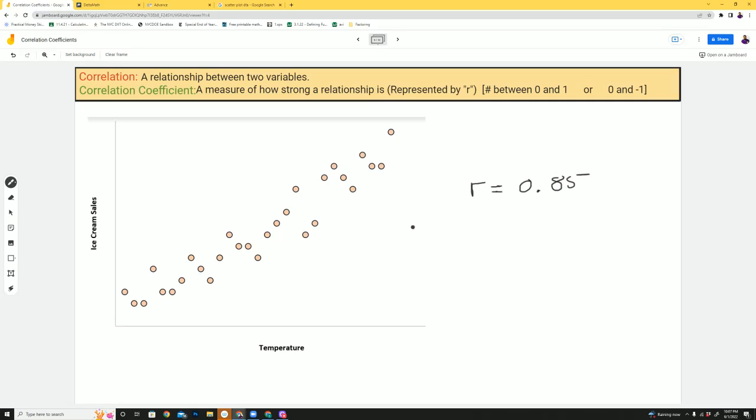This is just an estimate, and this would also indicate a strong relationship between ice cream sales and temperature. What it's saying is, typically when the weather is warmer, ice cream sales tend to go up.